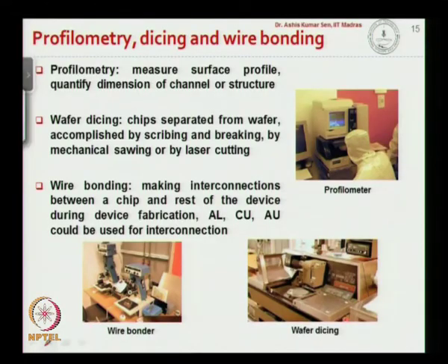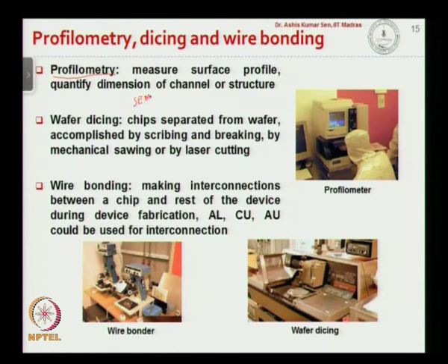A profilometer is one approach that you can use to measure the dimensions of the fabricated structure, for example, a microchannel. We can also use scanning electron microscopy, SEM, to image and determine the different sizes. So we go for profilometry to characterize the dimensions of the device. Alternatively, we can also use things like SEM.